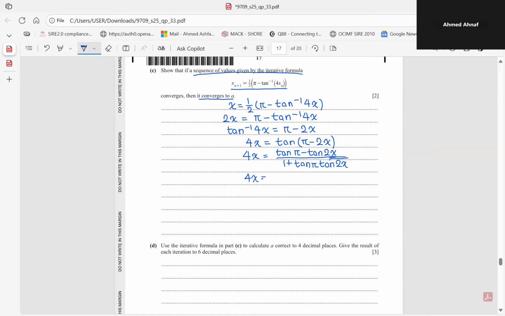So simplifying this, tangent pi is 0, so minus tangent 2x over 1 plus 0 times tangent 2x, so that's just 1. This is equal to minus tangent 2x.